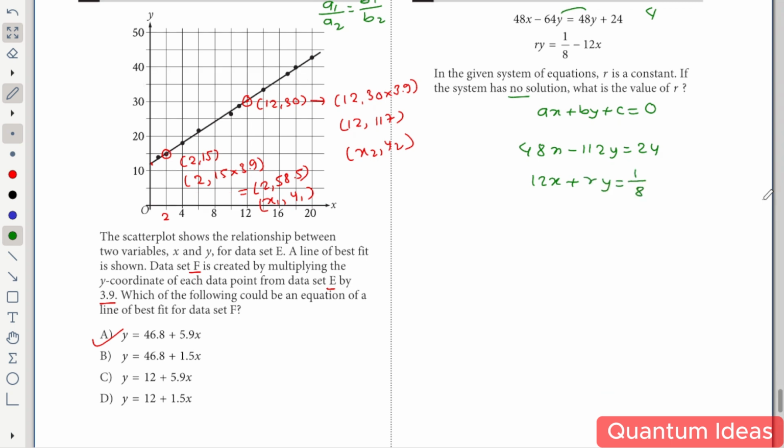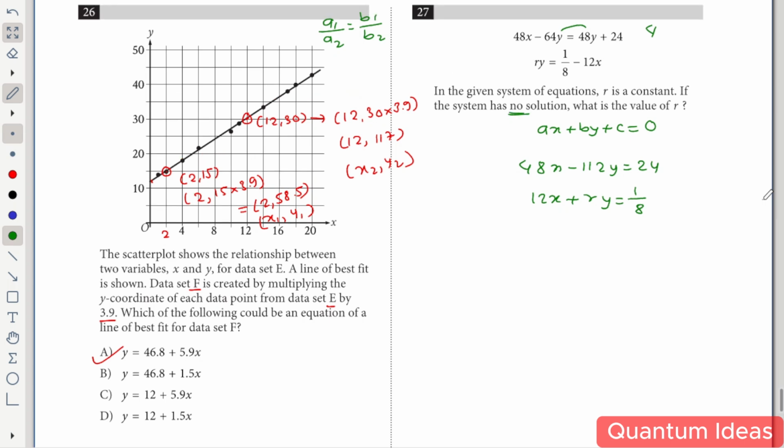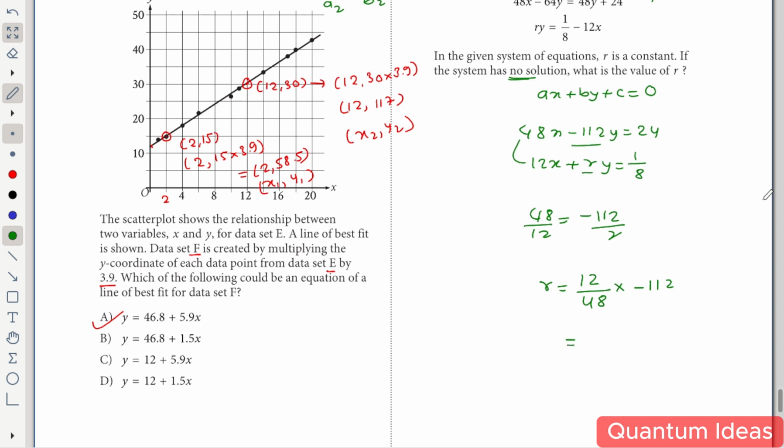To find the value of r, we use the condition of no solution: 48 over 12 equals minus 112 over r, that is a1 by a2 equals b1 by b2. So r will be 12 over 48 times minus 112.